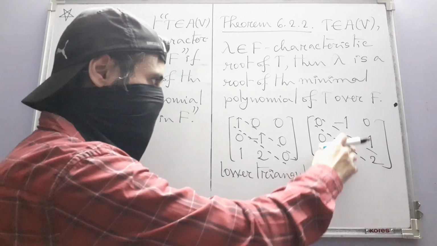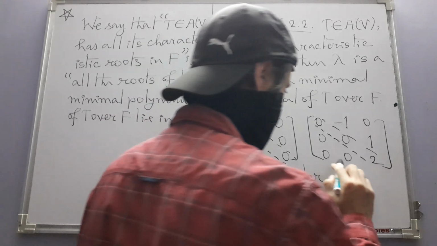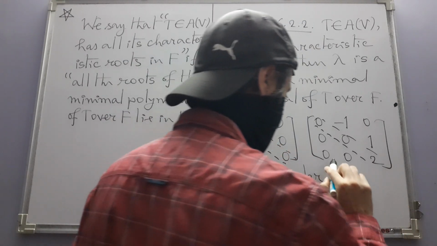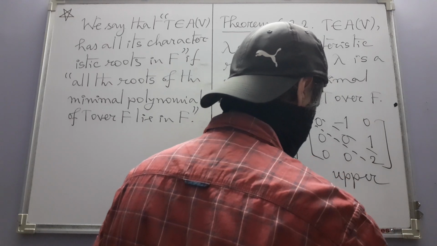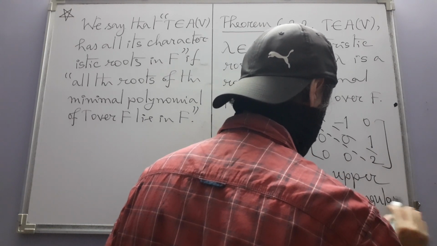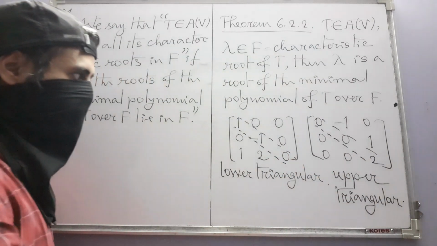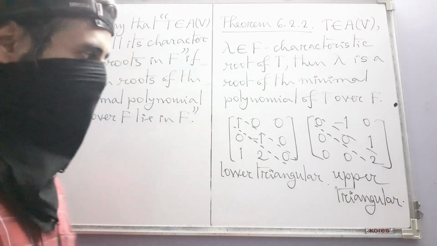On the main diagonal and above the main diagonal, we may or may not have 0 entries. So such matrices are also triangular. More specifically, they are called upper triangular. In general, any such matrix is called a triangular matrix.